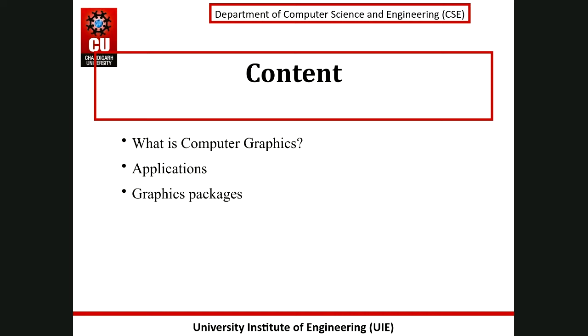These are the contents of today's topic. Today we will cover three topics: what computer graphics means, its classifications and applications, and some graphic packages that are already developed, or you can say built-in graphic packages.